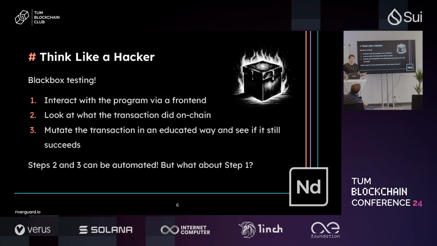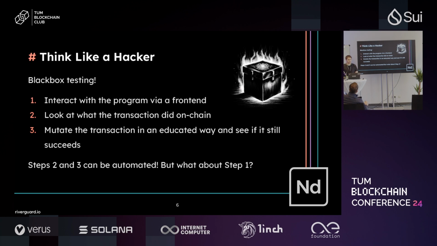So the first step would be to interact with the programs via the front end, and then look at what the transaction did on chain and understand what could possibly be exchanged, be done, be mutated in this transaction, and see if it still succeeds. So get this weird behavior that the attacker also observes.